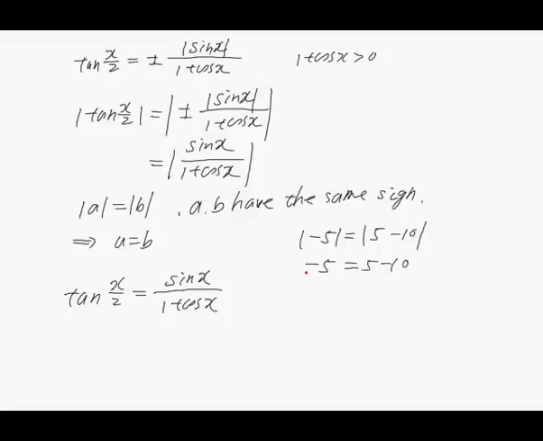And here we can also derive another form for the half angle identity for the tangent. Let's move to the next page. So by now we have tangent half x equal to sine x over 1 plus cosine x.